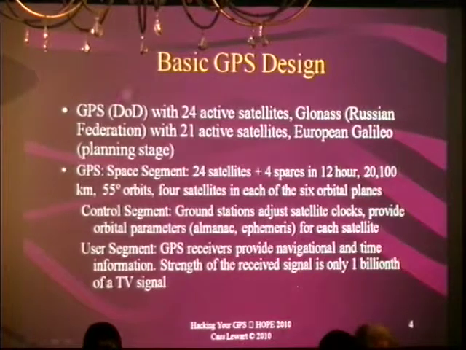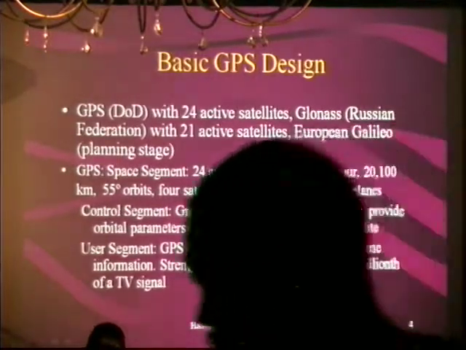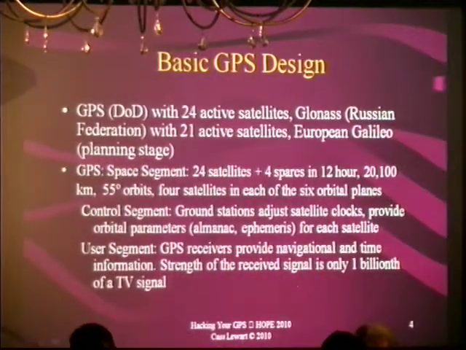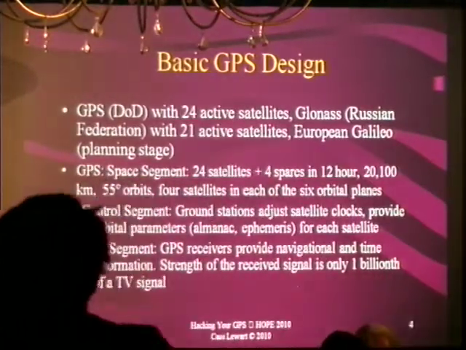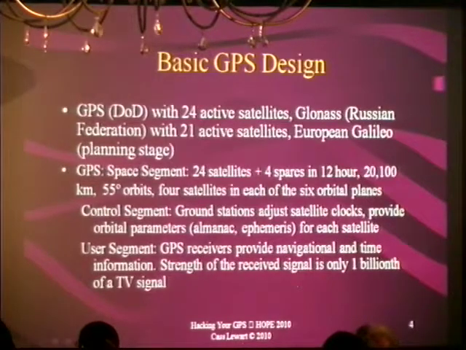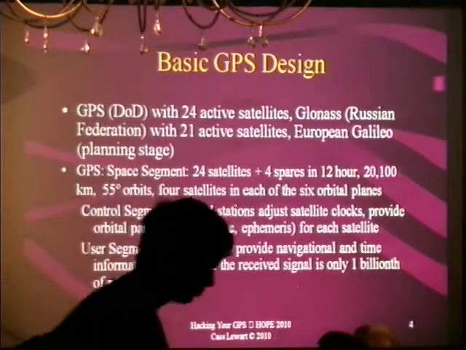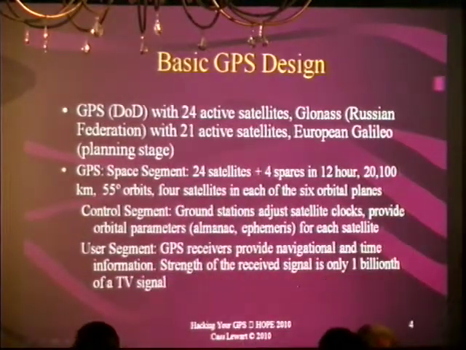Now, the basic design, we have the GPS developed by the Department of Defense. We also have the GLONASS developed by the Russian Federation, which was sort of moribund. Now they put some extra satellites. For a while they had like 10, 11 satellites. Now they're up to 21.